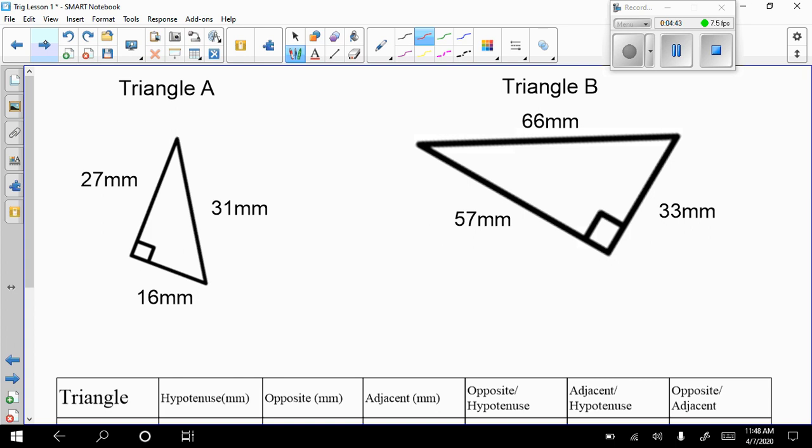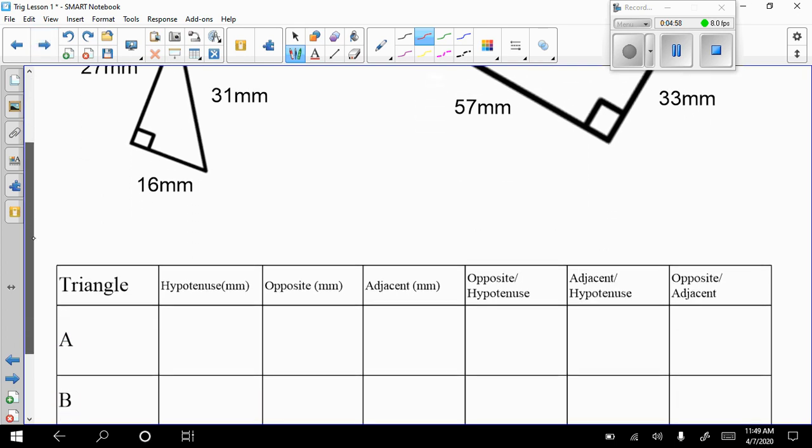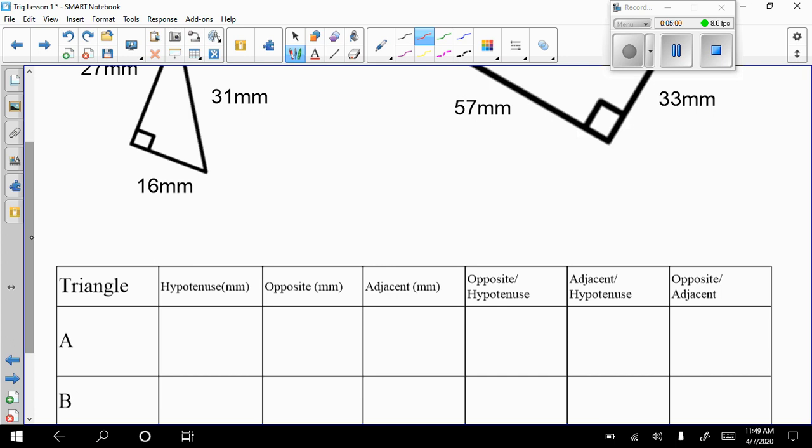Next, we're going to look at some actual triangles, and we're going to look at the ratios of the lengths of the sides. I want you to fill in this chart with me, and we're going to look at triangle A and triangle B. So triangle A has a hypotenuse of 31 millimeters.